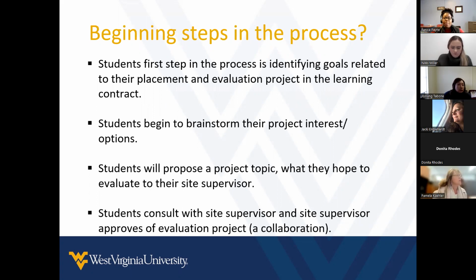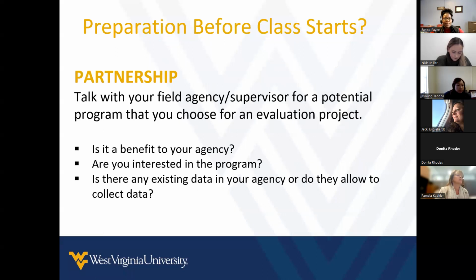And so when we think about what the evaluation, collaboration, and approval looks like, it may vary, right? It may vary from site to site, depending on what you're wanting to do, depending on if there's already pre-existing data or if there's data that you have to collect from the foundation. And so it may depend on the agency how that collaboration goes and what you decide to evaluate as far as programming.